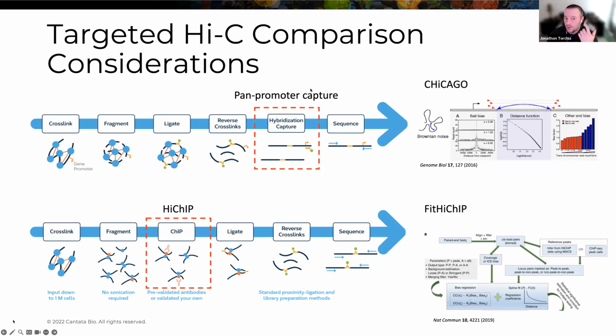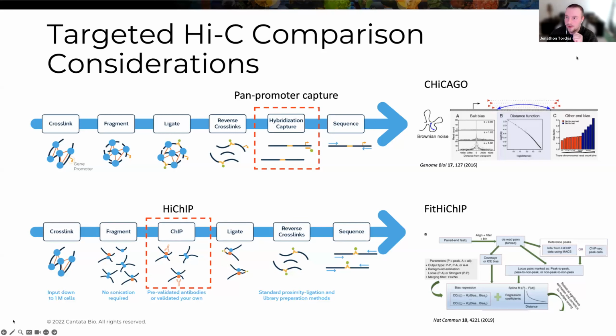Thankfully, there are tools available that specifically account for the model that we see for this type of data. So Chicago is our method of choice for capture data, specifically designed for capture, and conveniently comes with a differential pipeline downstream as well.